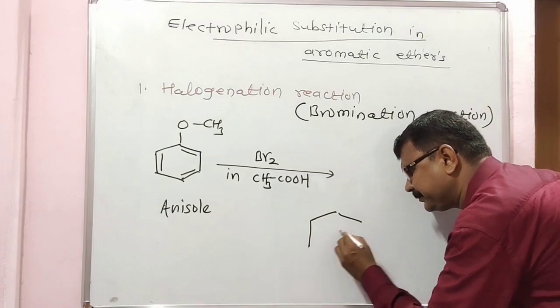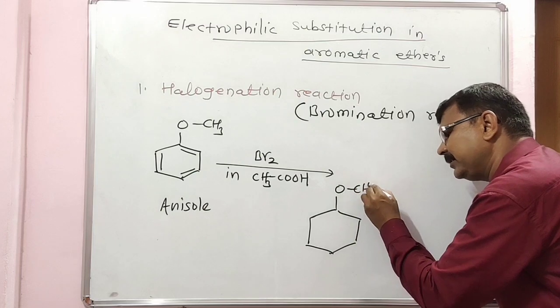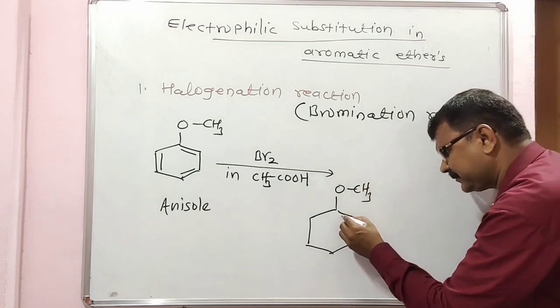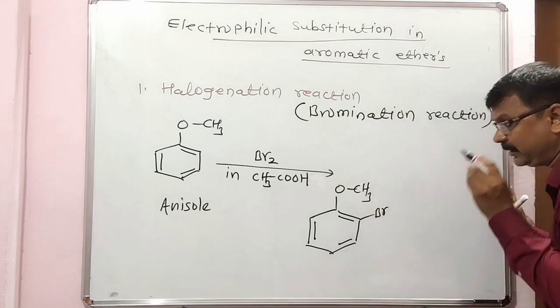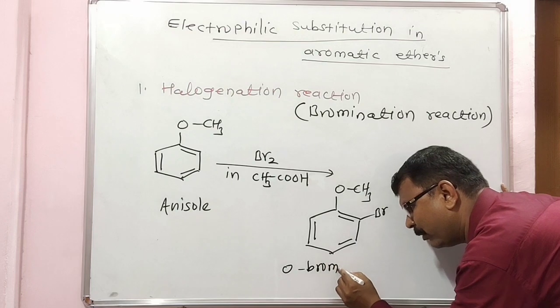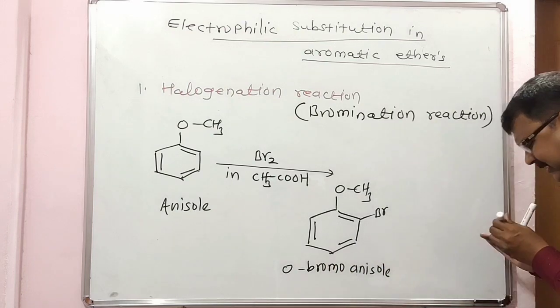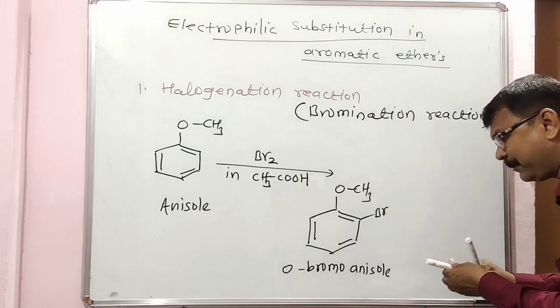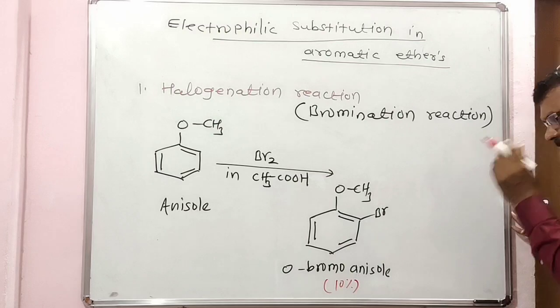One is OCH3 with Br at the ortho position, ortho-bromoanisole. How much percentage? This is the minor product, 10%.